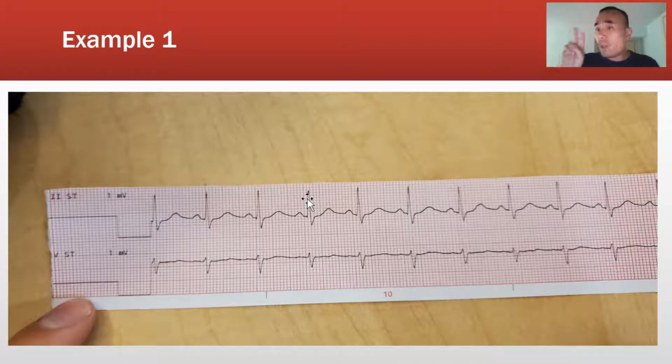If you're off by 1 or 2 tiny squares, it's still okay. So in this case, we have 15. Using the 1500 rule, 1500 divided by 15 gives me 100. So 100 is the beats per minute, which is the heart rate. This rhythm has 100 beats per minute, which under our criteria is still normal sinus rhythm, because remember, our heart rate has to be from 60 to 100.